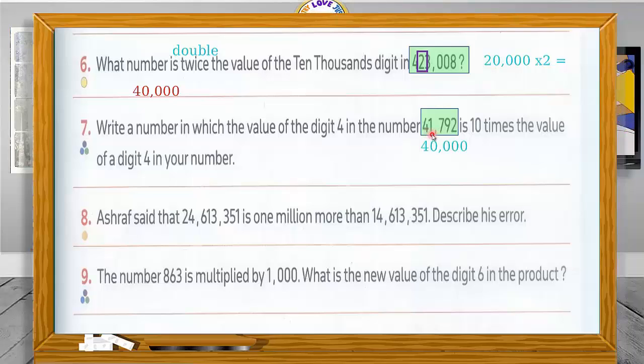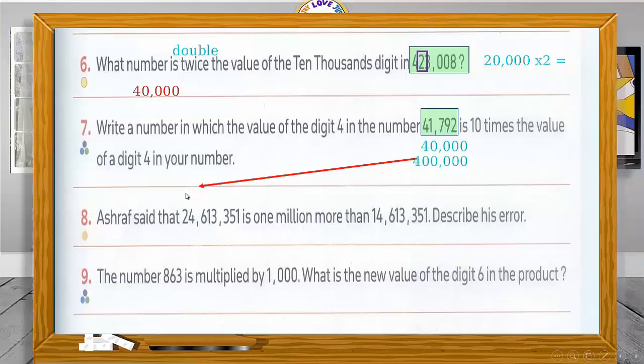He tells you to write another number with digit 4, but the value is 10 times the value of digit 4 in the first number. So we will put 4 and move one place, because they tell you 10 times. We write 400,000 like this. We moved one place and we write 4.